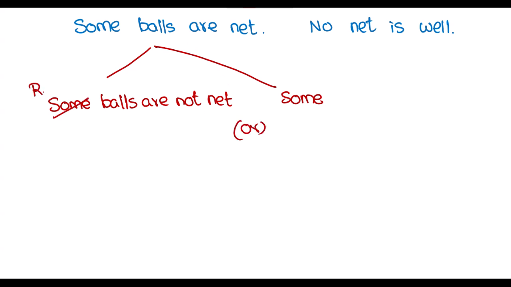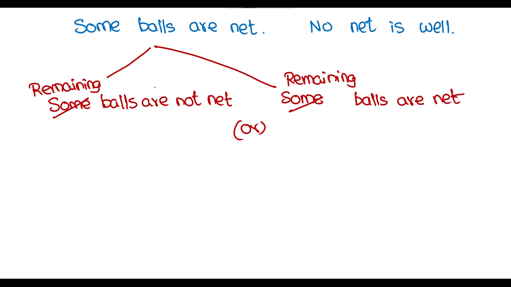Again, "some" means you may confuse. So remaining balls are net or remaining balls are not net. Let us say some boys are good because I know them. Then remaining boys may be not good, or remaining boys also good. Two chances are there.